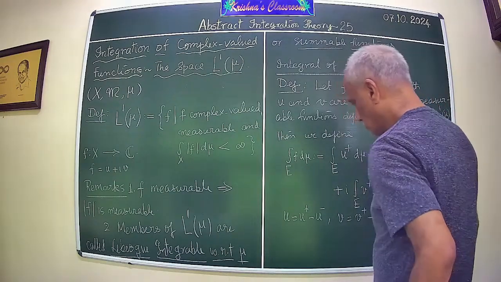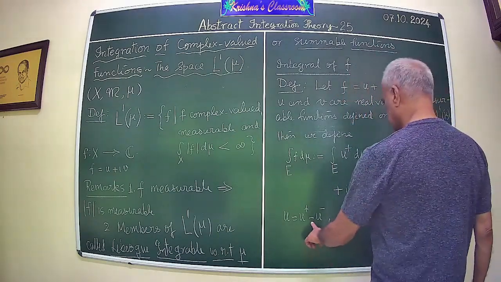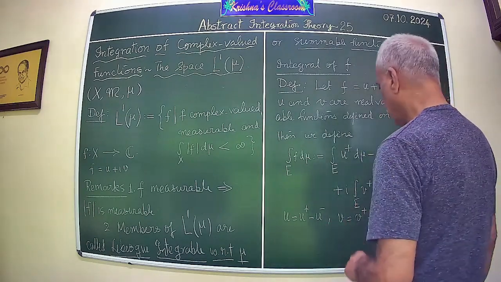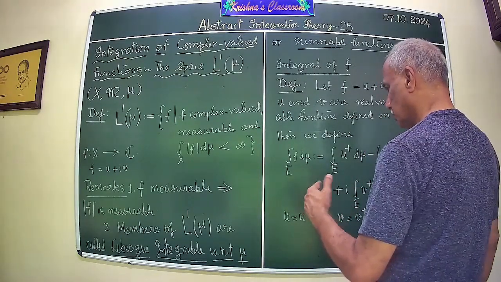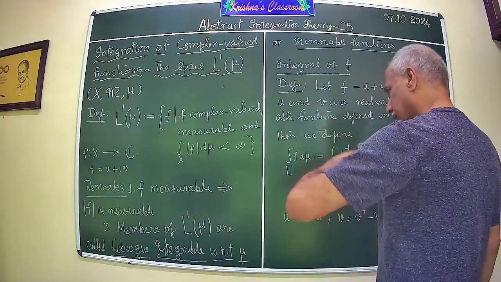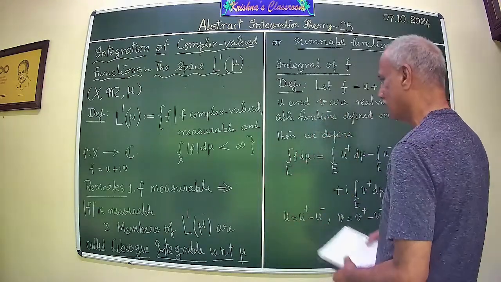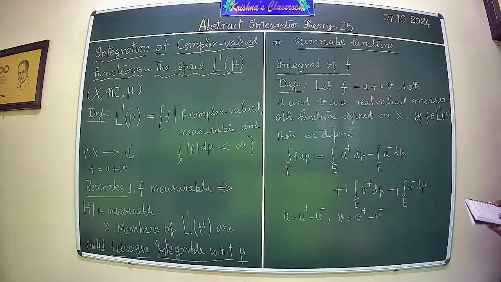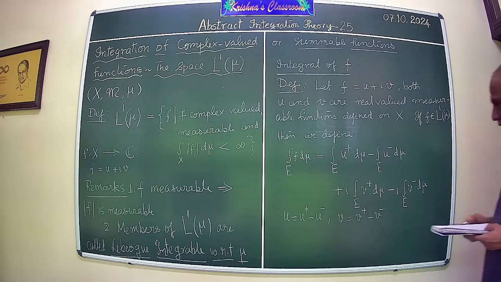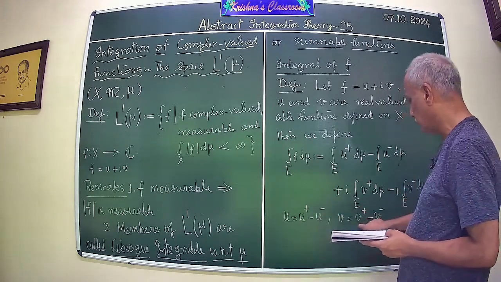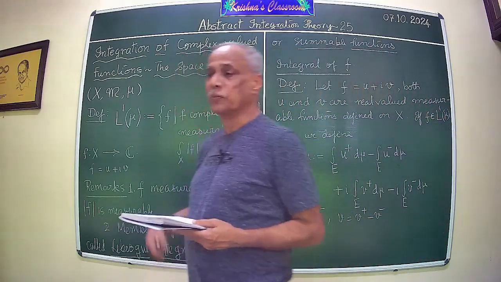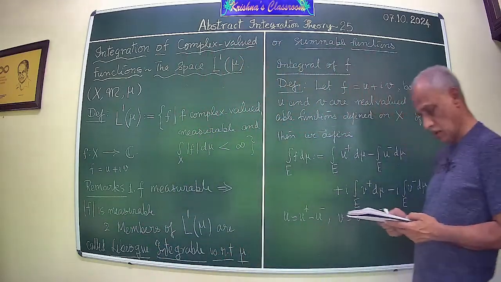And u minus, the negative part, is obtained by taking minus u and then taking the positive part. Similarly, v plus and v minus are defined in this way. These are all non-negative functions for which we have already introduced integration, so there is no problem.